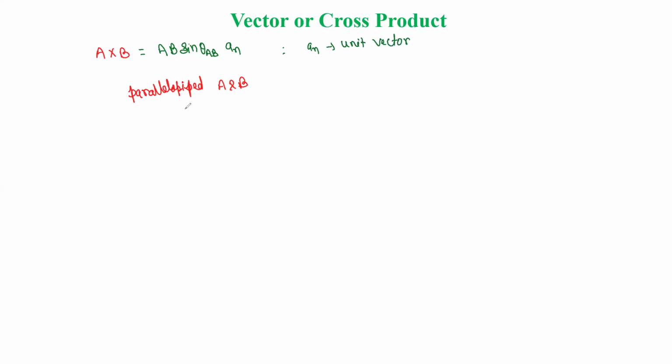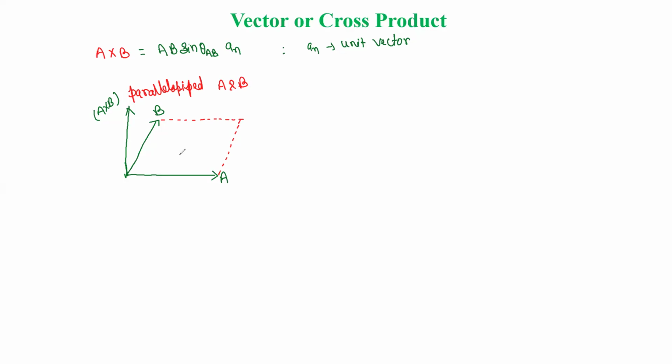Now, if you want to represent the vectors A and B, we have one diagram. This one we are considering as vector A. This is vector B. The direction of this vector will be perpendicular to the surface, and that is represented by A cross B. If we project parallel to vector A, and again project parallel to vector B, what is the area of this parallelogram?